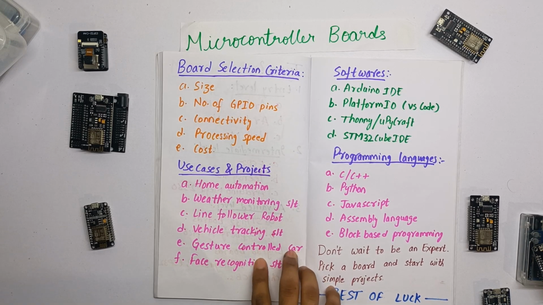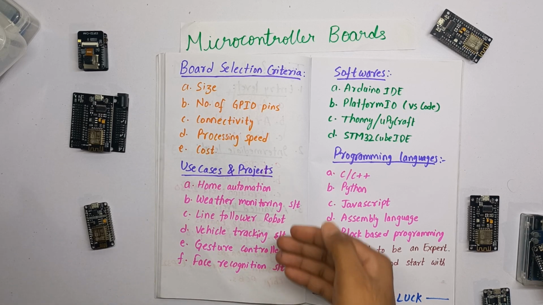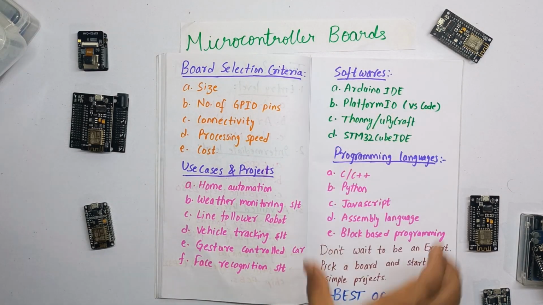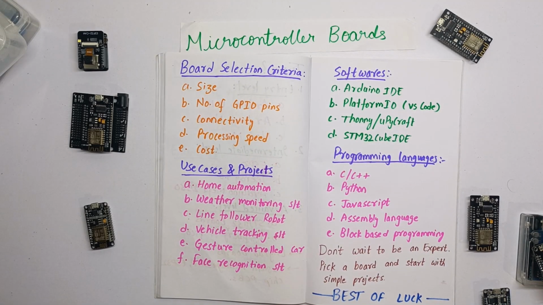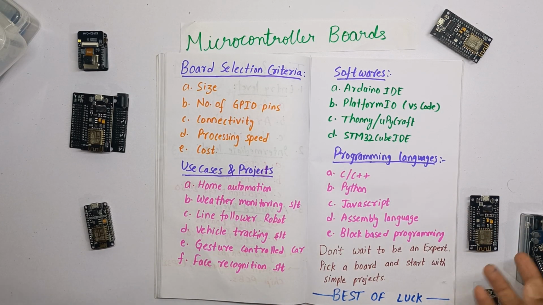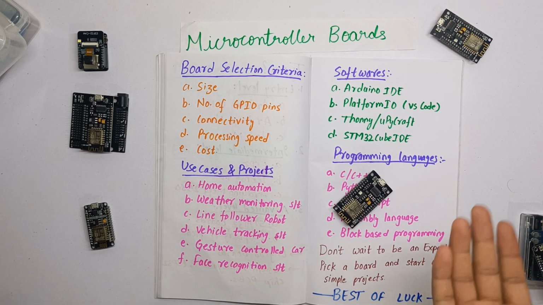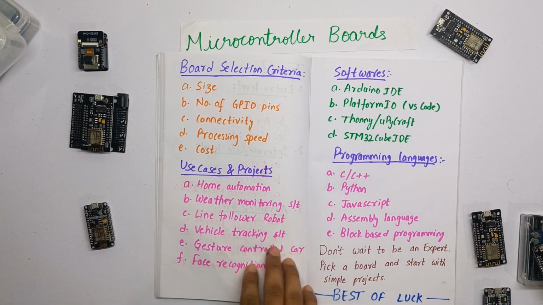And coming to line follower robot. A line follower robot is a project that has some line and the robot follows that line, and you can make that project. Vehicle tracking system, you can get the location of a vehicle using devices like GPS and transmitting the data from GPS through GSM as a normal message, or you can also use IoT devices for that.